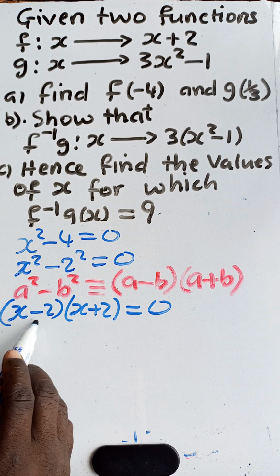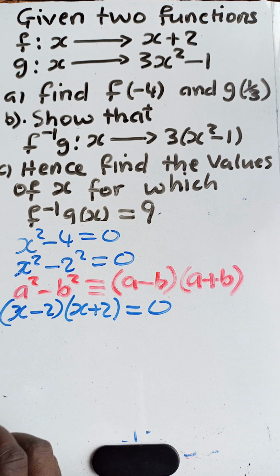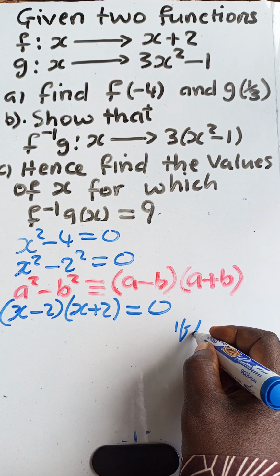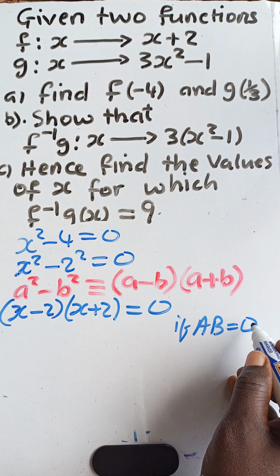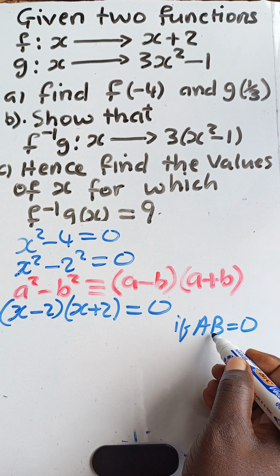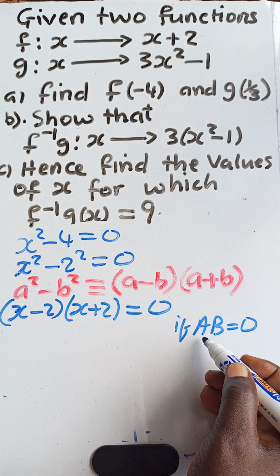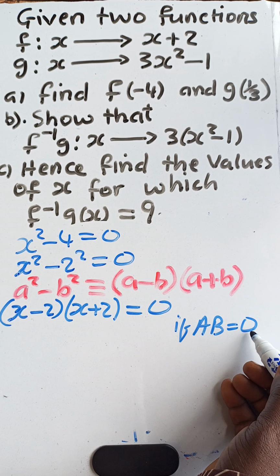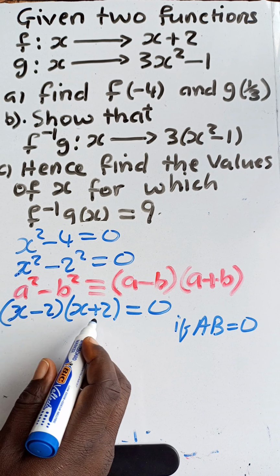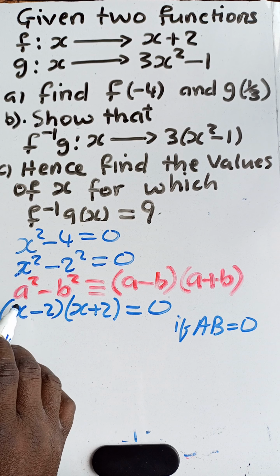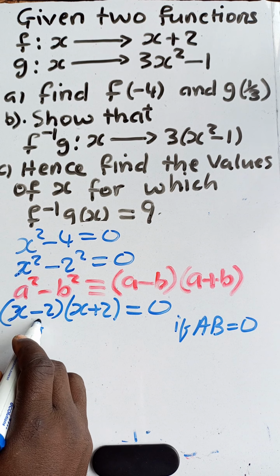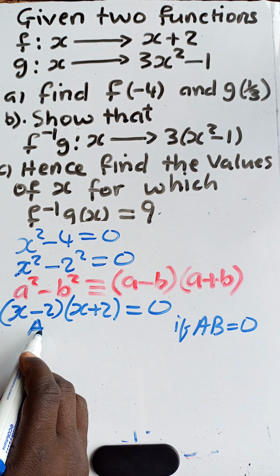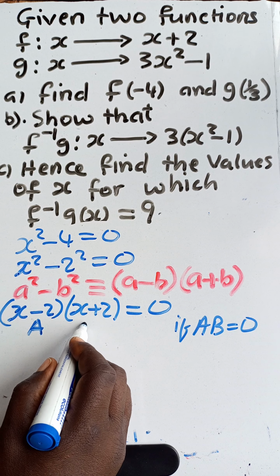Now we have a product of two things giving us 0. If a multiplied by b gives us 0, it means that either a is 0 or b is 0 for this product to give us 0. When we write expressions in brackets, it's like one item.